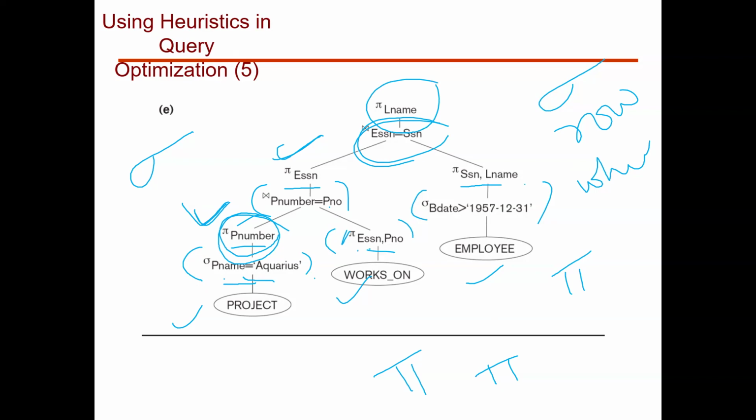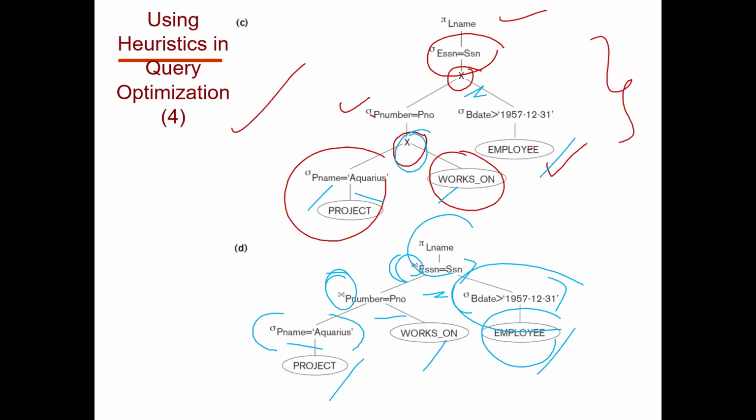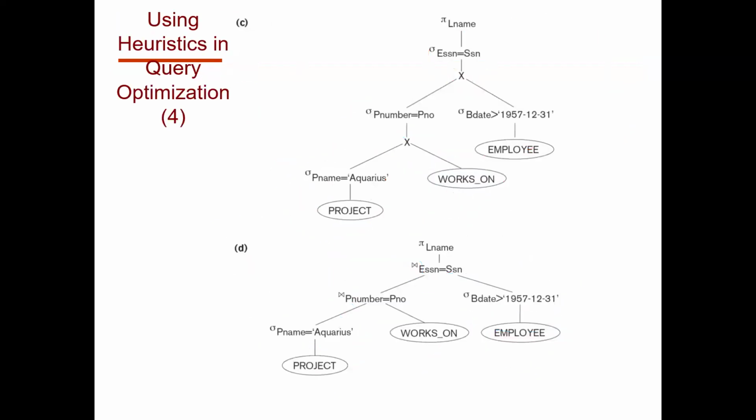So what is the extra step here? If you see, the extra step here is this one, and this one, and this one, which is not present here. We just selected the last name.